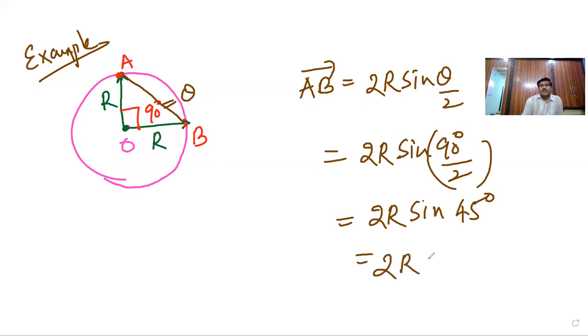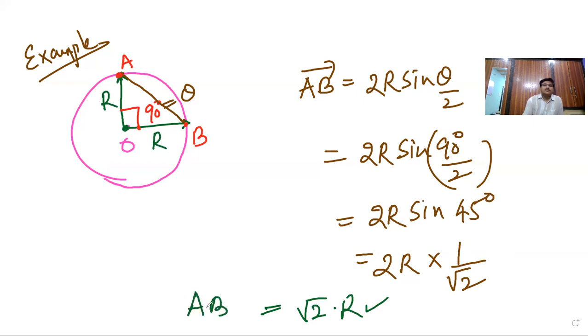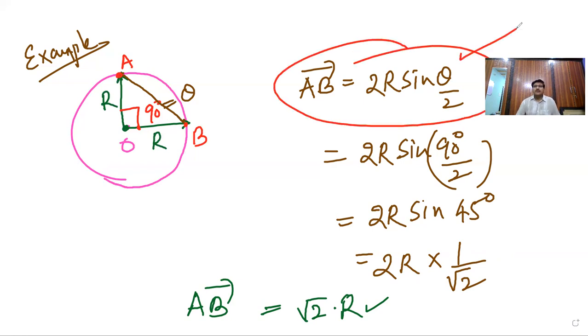Sine 45 is 1 by root 2. On simplification, it becomes root 2 into r. AB bar displacement is root 2 r. This is the application of this formula. You can apply it anywhere to find the shortest distance.